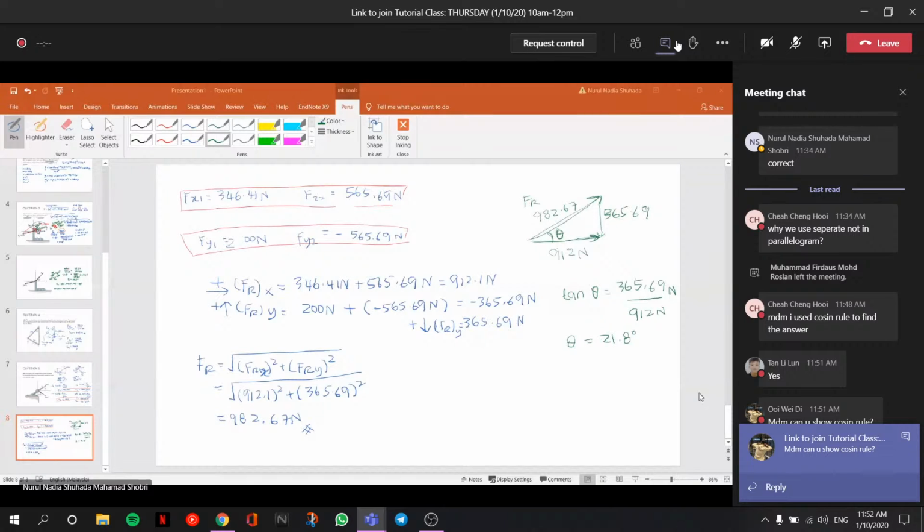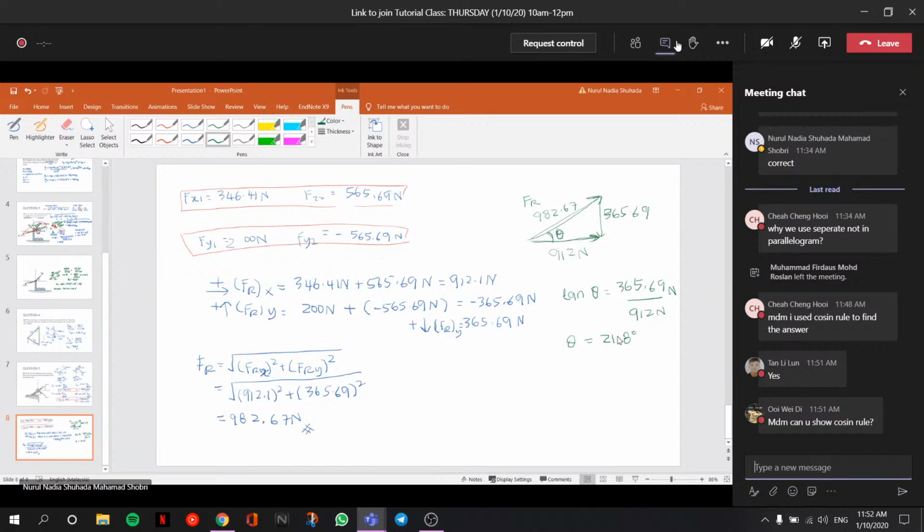Should be cosine rule. So you want to use the cosine rule. Okay.